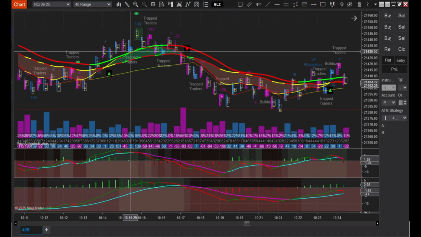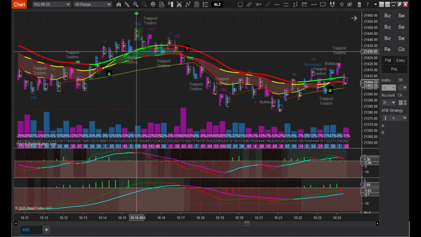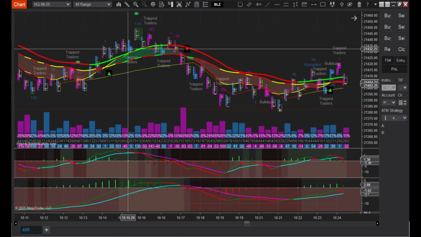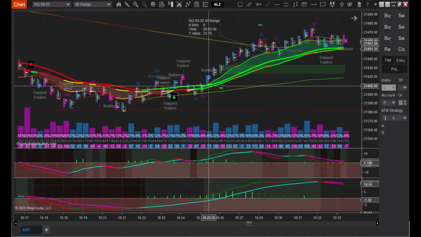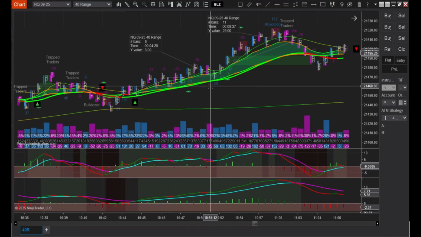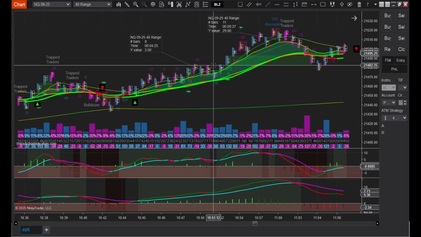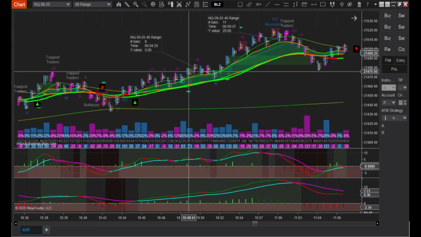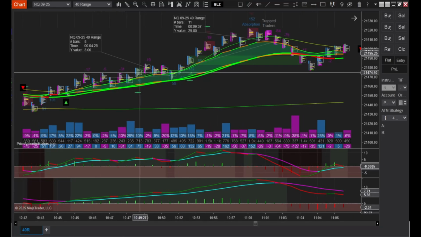And so on. This was, let's see, crossed here, pulled back to here. The bulldozer here taking us up. Right here. Nothing really, no KISS signals here besides the surge. Oh, look at this. So we have a surge here.